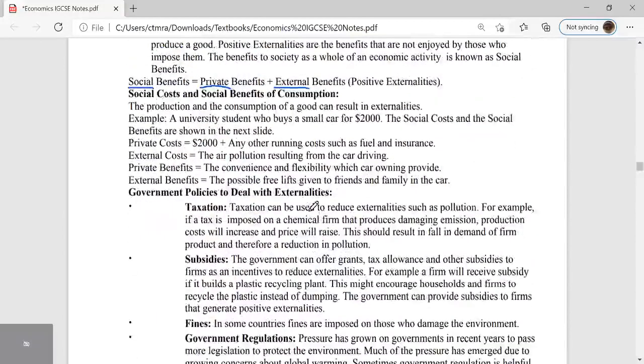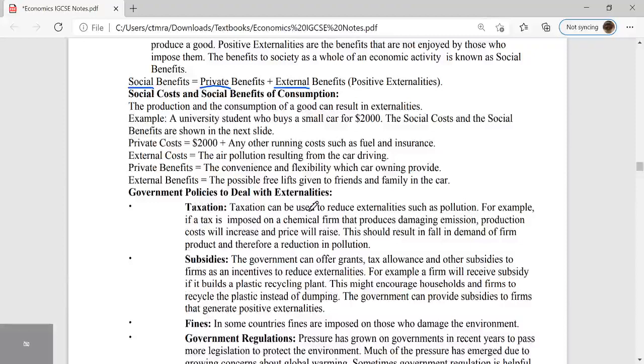Government deals with the situation in the following ways, like taxation. Government can impose tax on activities which are providing negative externalities, like pollution.